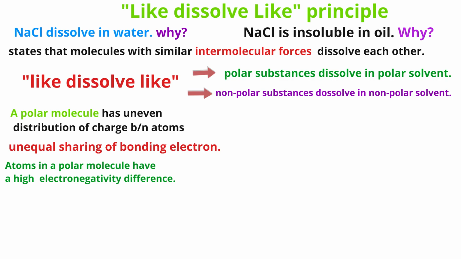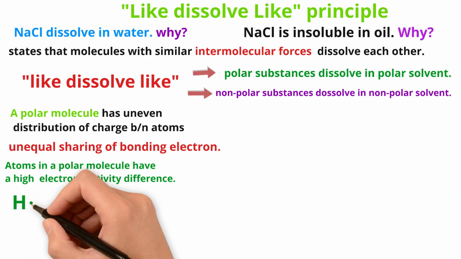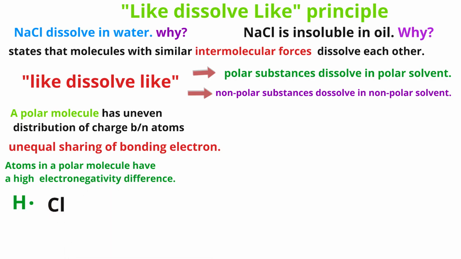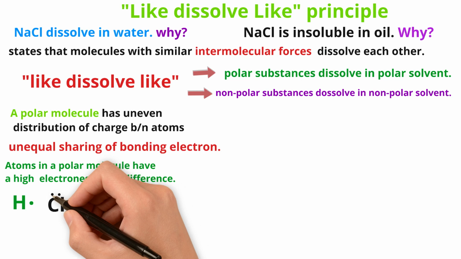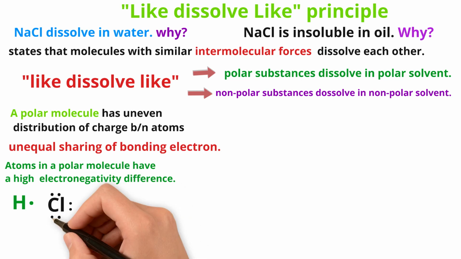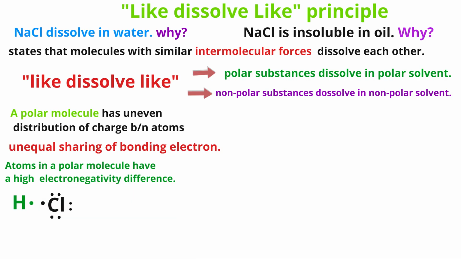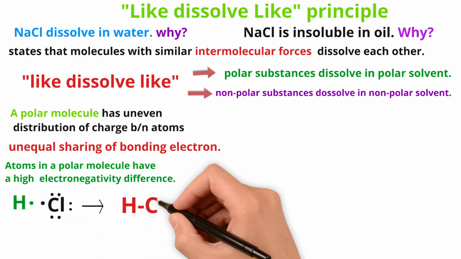For example, let us consider hydrogen chloride. In hydrogen chloride, hydrogen contributes one electron, chlorine contributes one electron, and finally they make shared electrons.